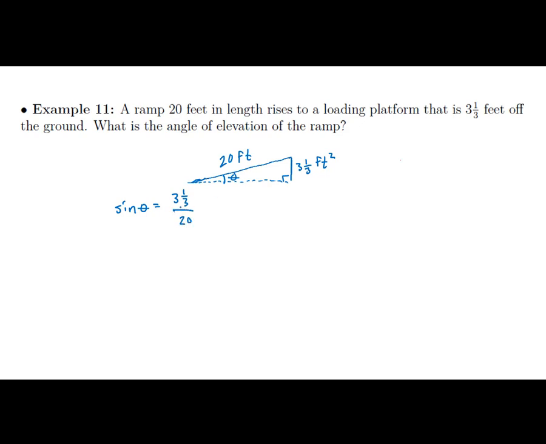And really, I know I'm dividing by 20, so this 3 1/3 really ought to be turned into an improper fraction. So the sine of theta is equal to 10/3 divided by 20. And I can do better than that. This could be 10/3 times the reciprocal of 20, so 1 over 20. And we get some nice cancellation there.